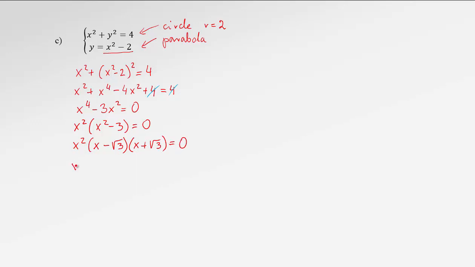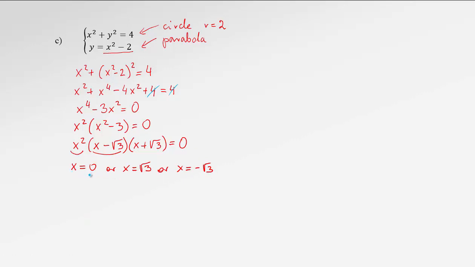So what kind of roots do we have? x equals 0 from the first factor, x equals root 3 from the second bracket, or x equals negative root 3 from the third bracket. So we have 3 possible x values. They will most likely produce 3 overall solutions to the given system of equations.